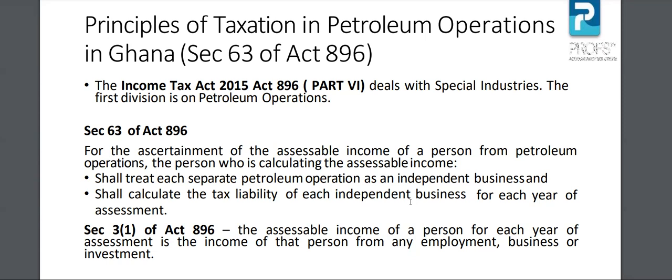I think petroleum spans from 63 to 76 or so, at a point 71, one of the 70 figures. So section 63 looks at the principles of taxation in petroleum operations. Please, I would entreat that you pay close attention over here.